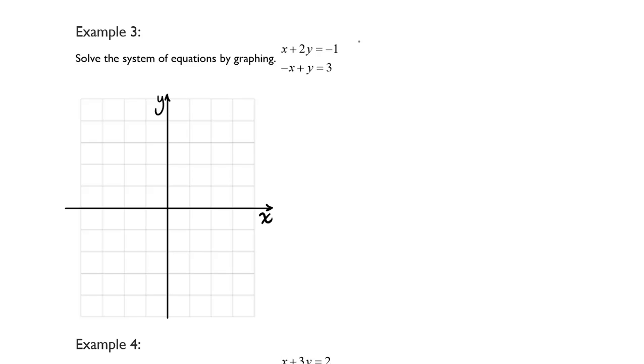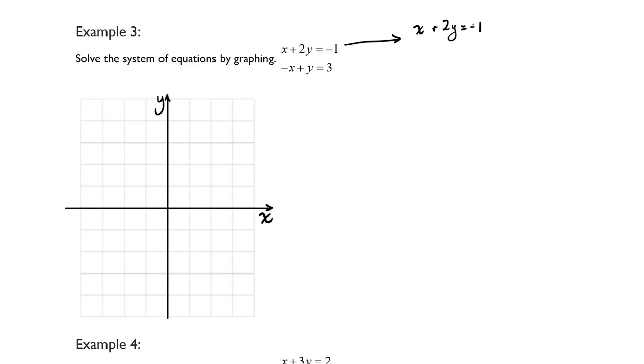We could use either xy intercepts as we've been doing all along, or we could convert this to slope-intercept form. Since I've been using xy intercepts this whole time, let's just go ahead and try something else. I have x plus 2y equals -1.